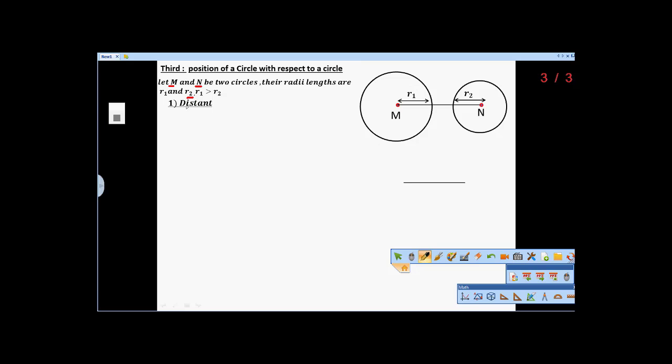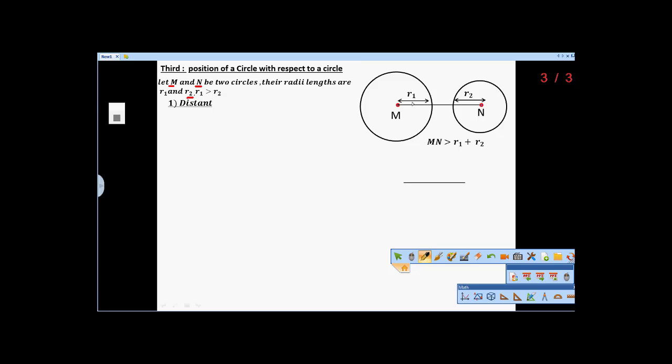These two circles are distant. I have 6 positions. This is the first position, distant. What is the meaning of distant? The distant circles, it means the length of MN is greater than R1 plus R2.